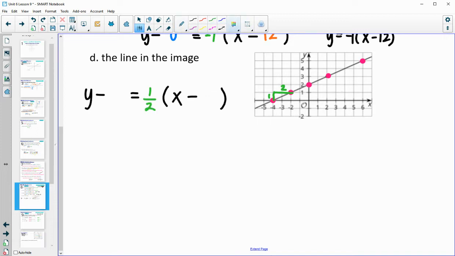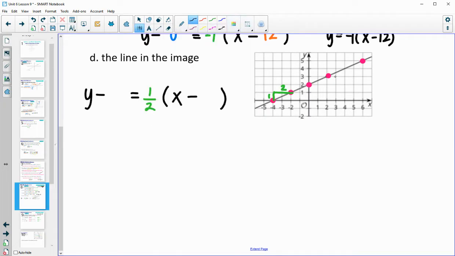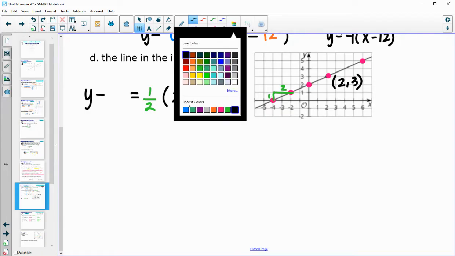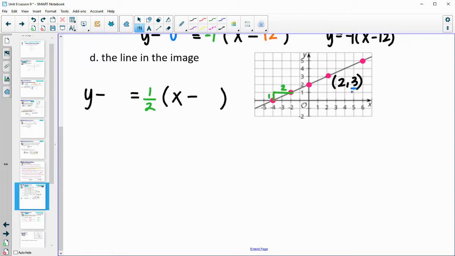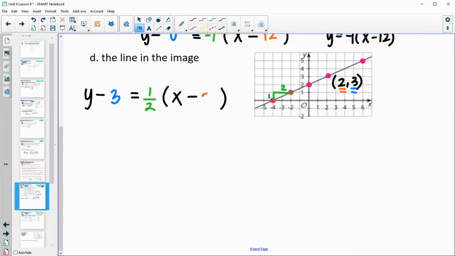And then plug in, so choose whatever point you want. It doesn't matter. So if I choose this one, 2, 3, we will do y minus the y coordinate and x minus the x coordinate. So let me do one other point on here. So let me do maybe this one right here.